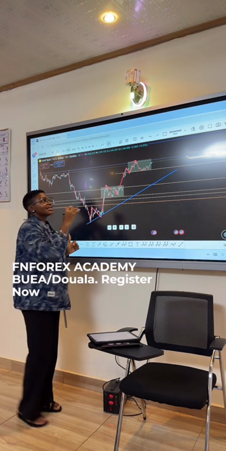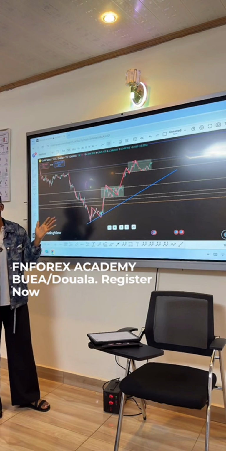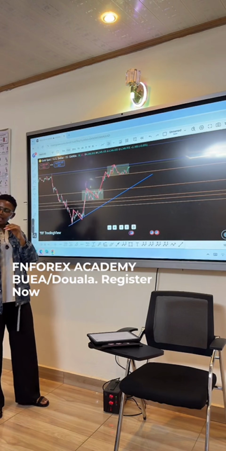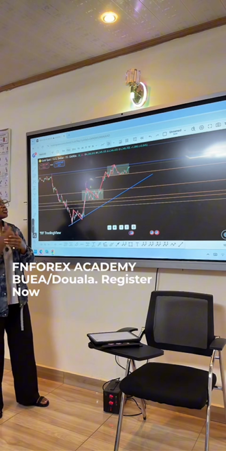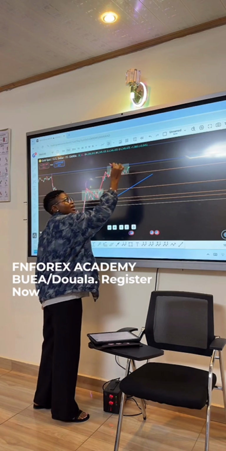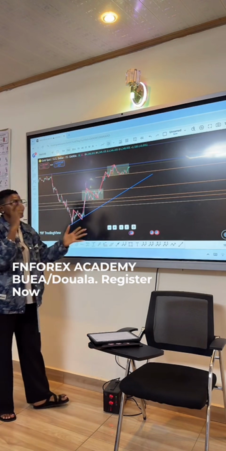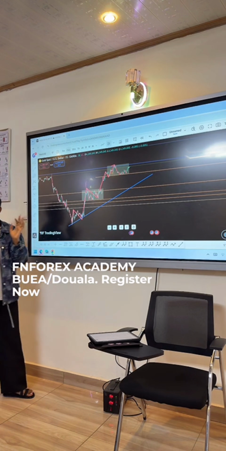But as of here, we are expecting two things, a trend continuation or a reversal. And it's only a candlestick that will tell you that this trend has reversed or that this trend wants to continue. It still boils down to your support and resistance levels. If you break, you buy. If you break, you sell. That's all.